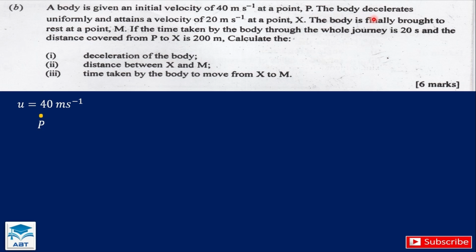Now the body decelerates uniformly and attains a velocity of 20 meters per second at a point X. So the body reduces its velocity to 20 meters per second at a point X. The body is finally brought to rest at a point M. So the body reduces its velocity to 0 meters per second at a point M.